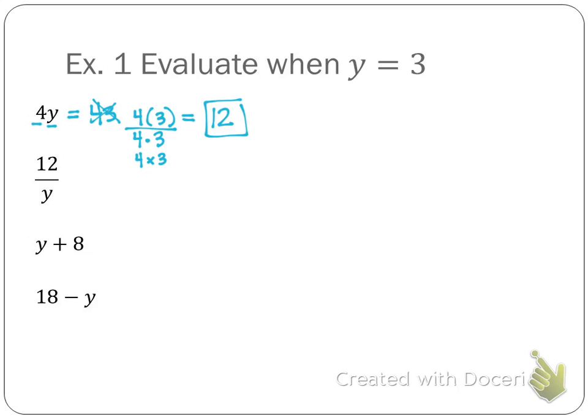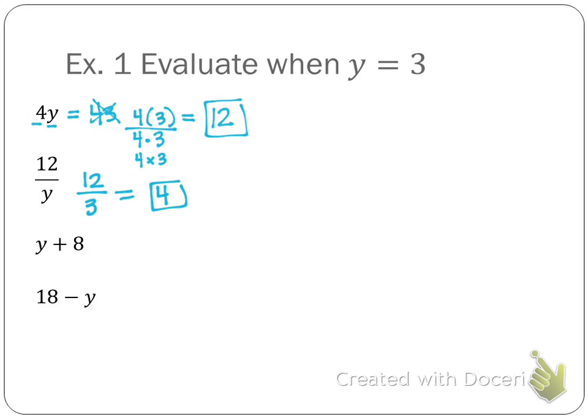Okay, so the next one is 12 divided by y. We know that y is still equal to 3, so I can write 12 divided by 3. You could also write it as a fraction. Doesn't matter to me, whichever way, but you have to show work, so you have to write it one way. All right, what's 12 divided by 3? 4. Next one, y plus 8.